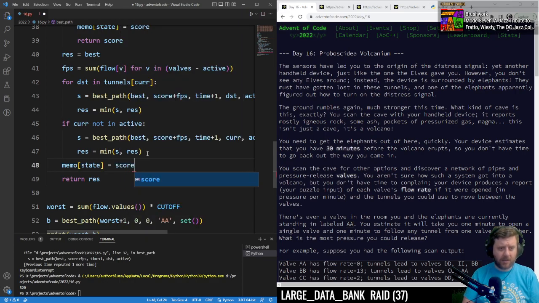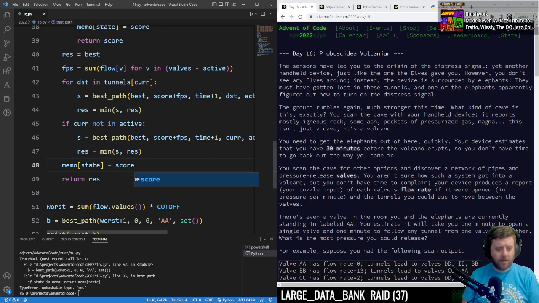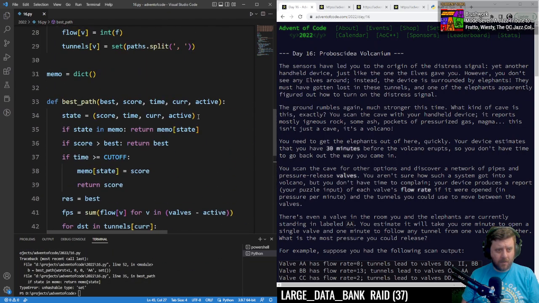There's no way this speeds anything up. If anything, I'm just gonna break this. What? Unhashable type set. No, that checks out, yeah.